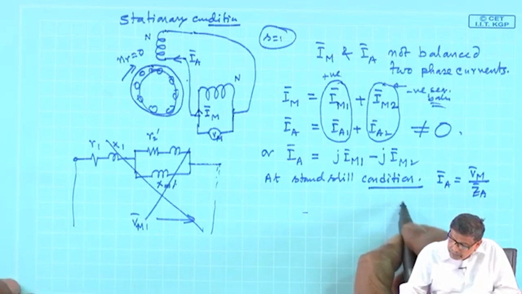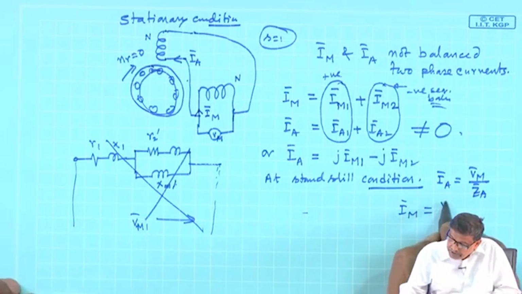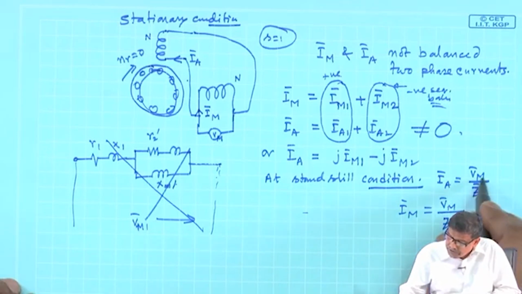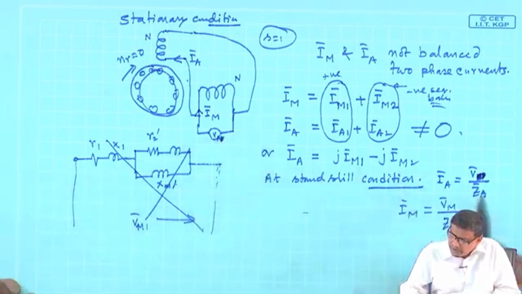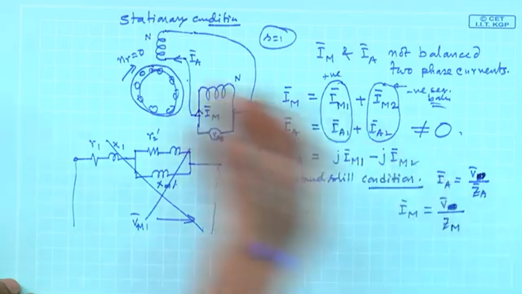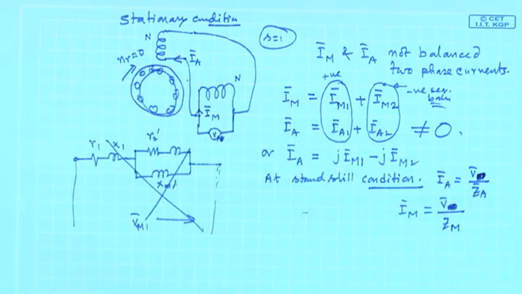Similarly, I bar M will be V bar by Z bar M. Now, V is the supply.